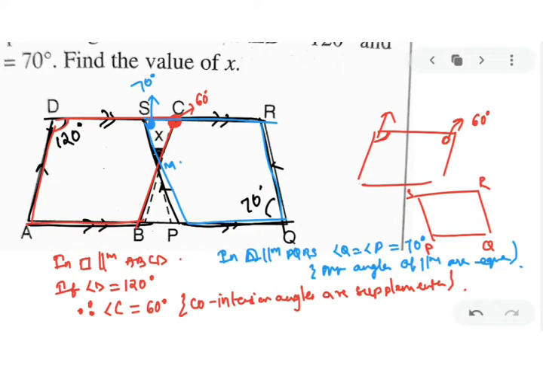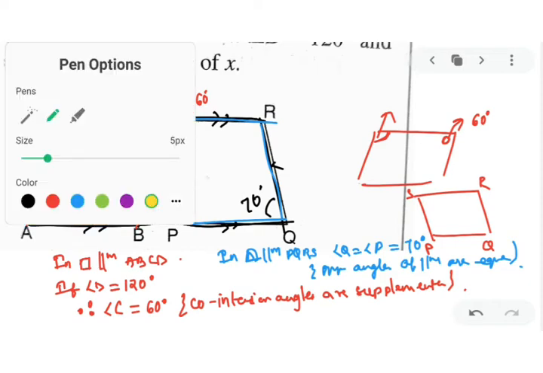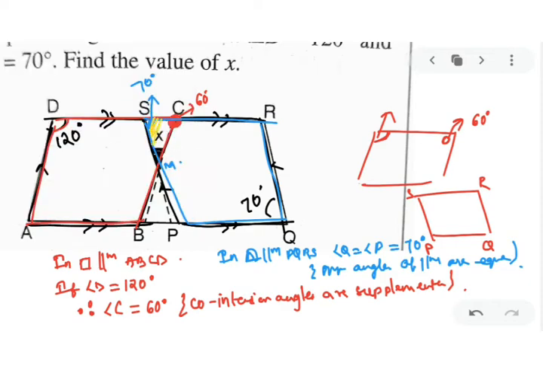Now look at a small, very small triangle. I'm coloring yellow. SMC. In triangle SMC, you have angle S is 70. You have angle C is 60. You have to find angle M, which is X degree.